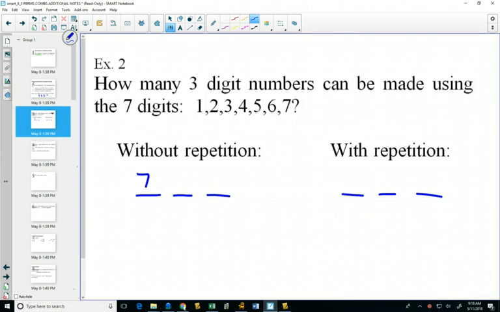But if I've used up a number, how many choices do I have left for the second one? Then I only have 6 left, and then I've used up 2 numbers, so now I have only 5 choices left. Whereas if I were allowed to repeat a number, use 7 3 times, or 5 3 times, then there would be 7 choices all the way through.